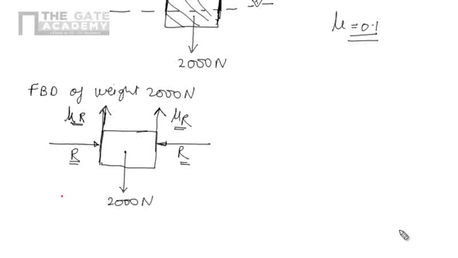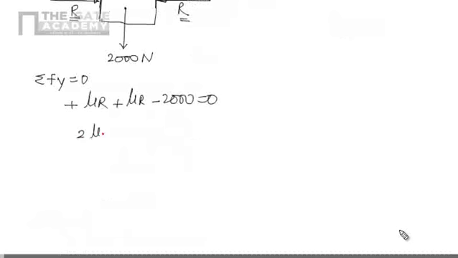Now applying the conditions of equilibrium, the algebraic summation of all the vertical forces should be 0. So in the vertical direction we have plus mu R, plus mu R, minus 2000 equals 0. So 2 mu R equals 2000, and R equals 2000 divided by 2 mu.